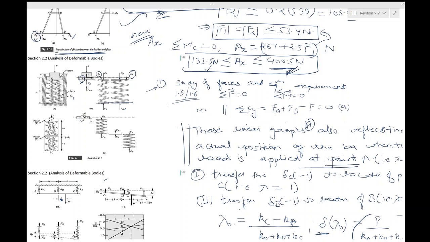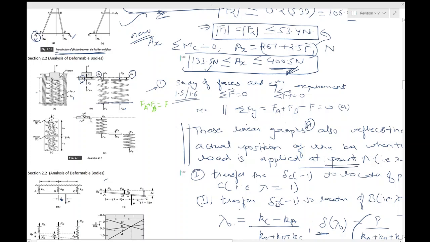So F1 plus F2 is equal to F, not shown as a vector because the directions are already shown, and that would give you a relationship between F1 and F2, or FA perhaps is a correct way to write, is the force in spring A, and this is the force in spring B.